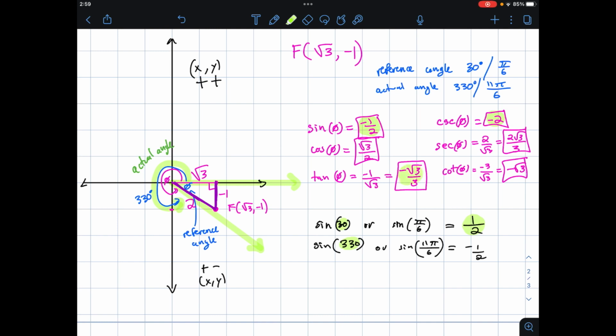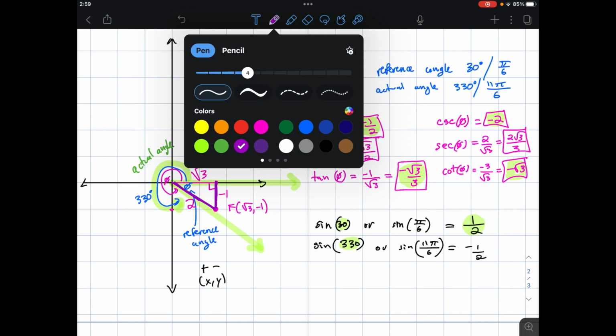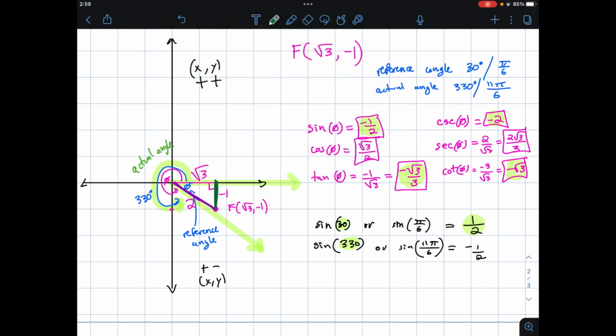It also is that our tangents become negative because we are comparing the ratios of our y side, negative, to our x side, positive. But our cosine ratios are positive because we are essentially comparing the x side, which is positive, to our hypotenuse, which is positive. So positive over positive is positive. So this is something to start thinking about.